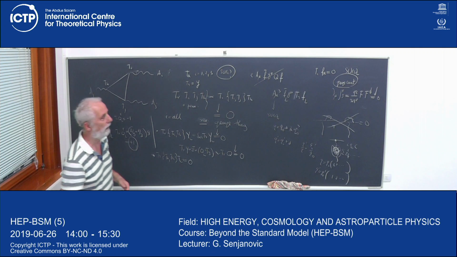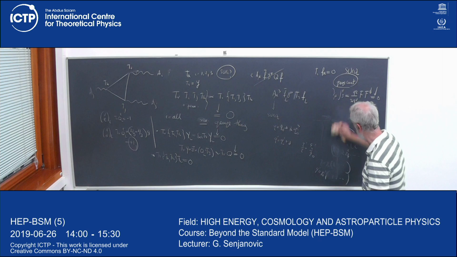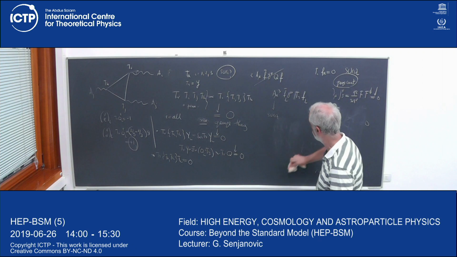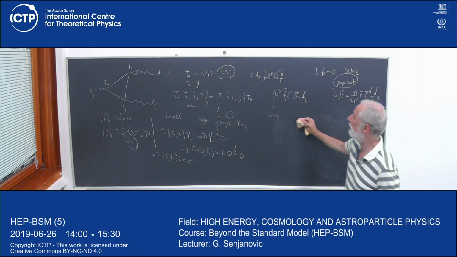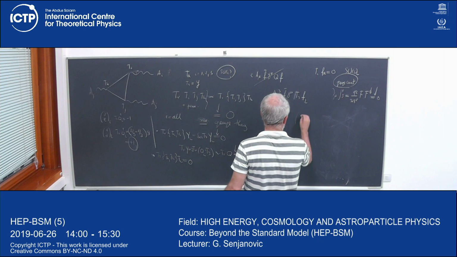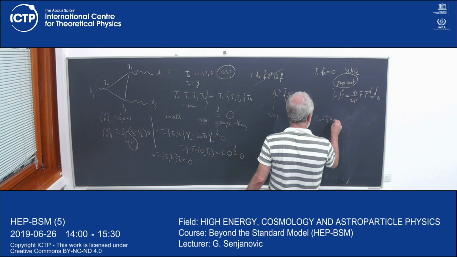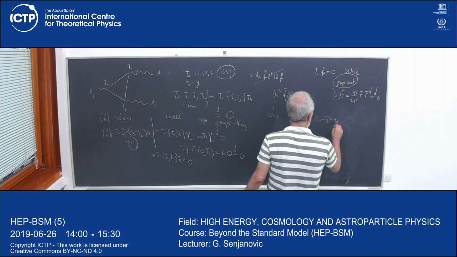So let's be precise here. Let's do something else. Let's do it the other way around. Let me write UDL. I will write the charge of the up quark is 1/2 plus the charge of the down quark.